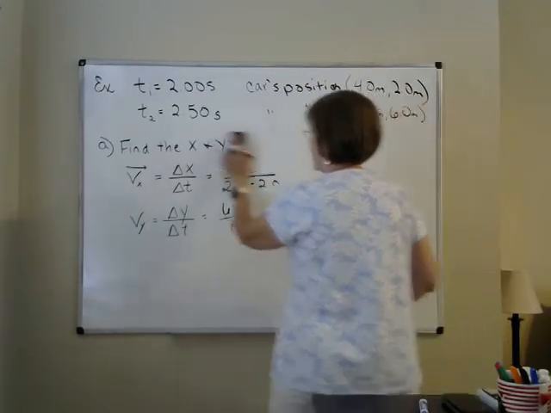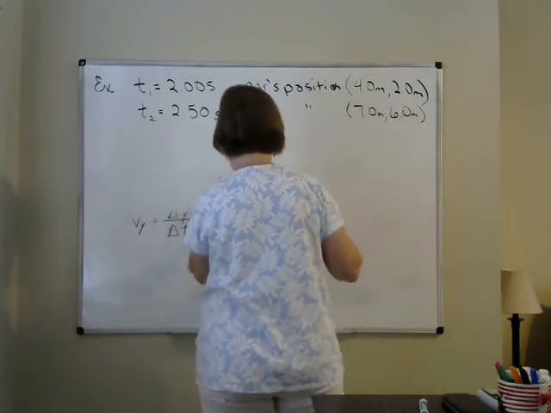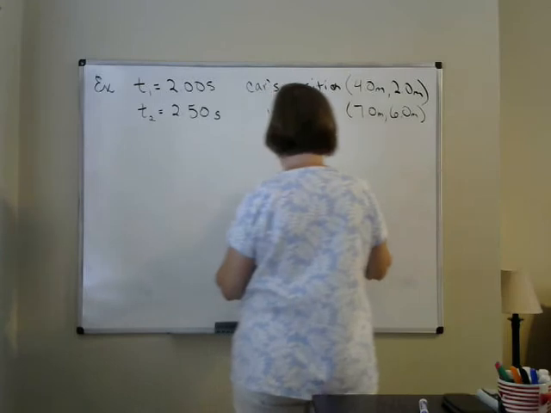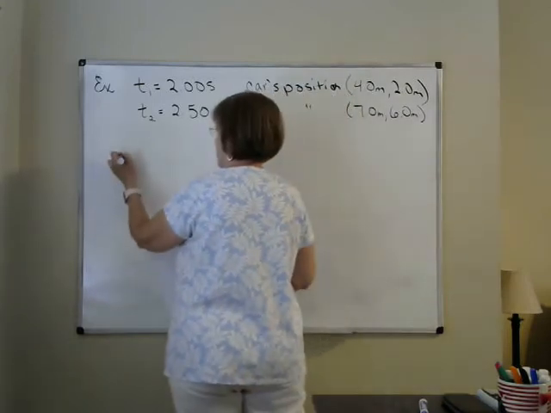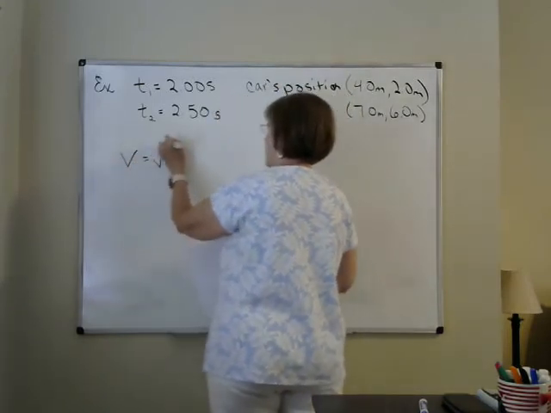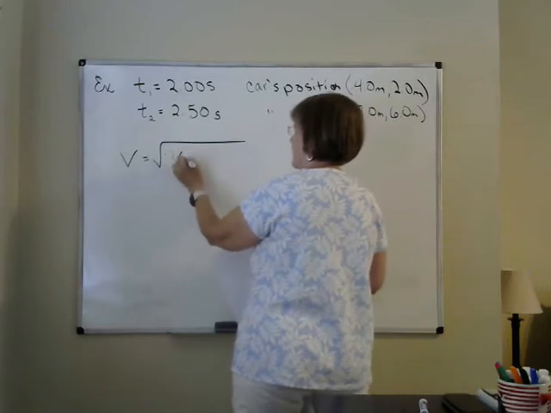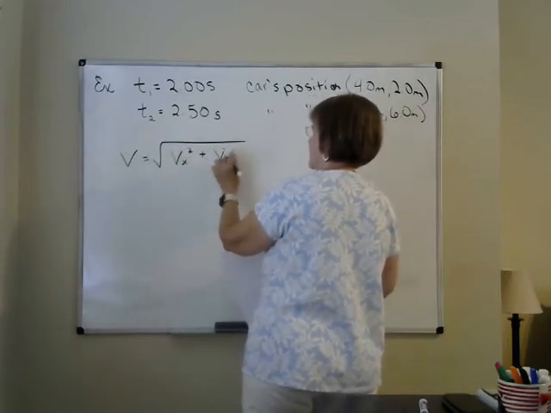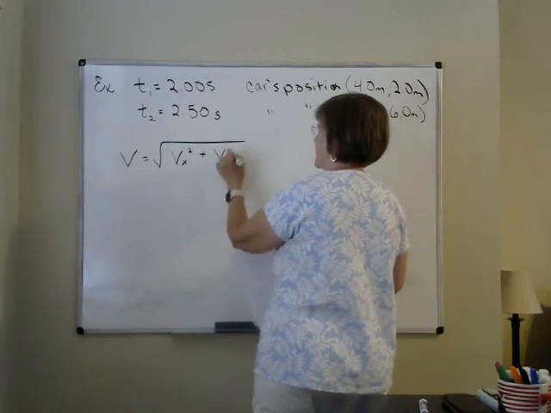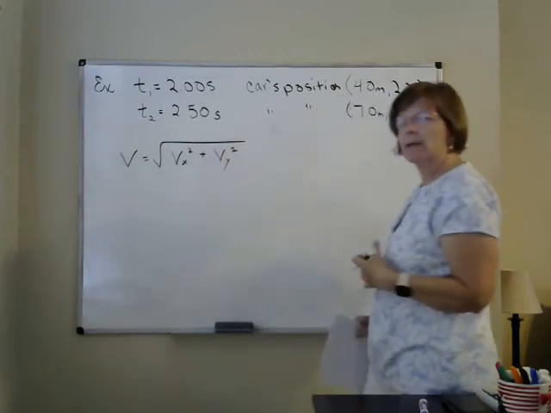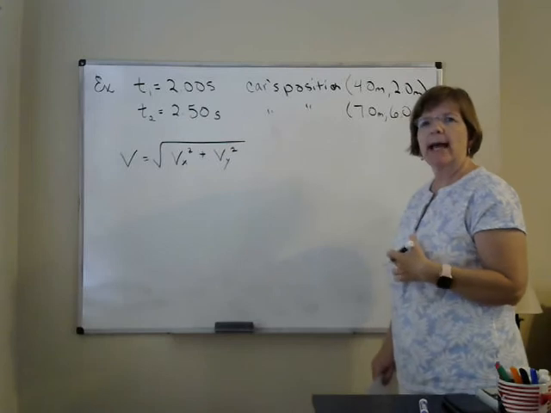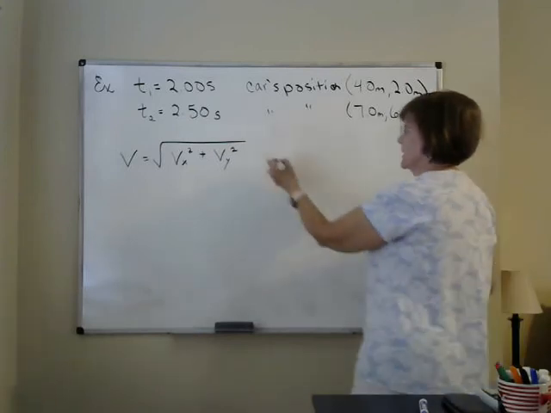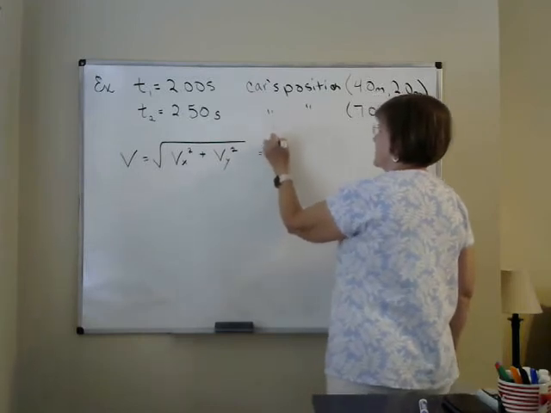If I want to put these together, the magnitude of the velocity is going to be the square root of the x component squared plus the y component squared. Now remember, we just use the Pythagorean theorem when we're trying to add perpendicular vectors, or if we're going to add vector components.